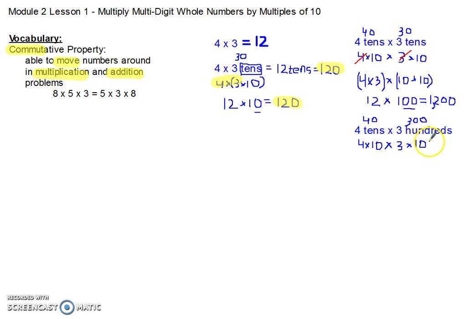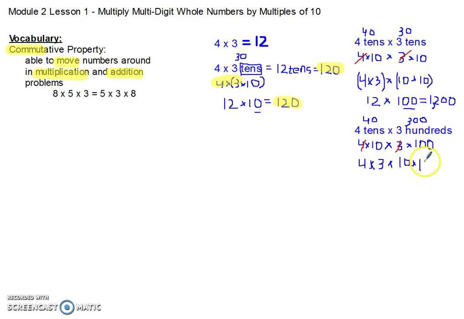Then using my commutative property, I can start grouping like numbers together. So I know 4 times 3, so I'm going to put those two together. And so I've used my 4 and 3, and now I'm left with 10 and 100. So my next set of numbers that I'm multiplying is 10 multiplied by 100.